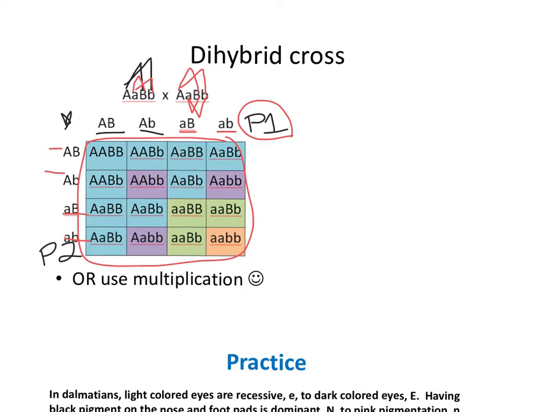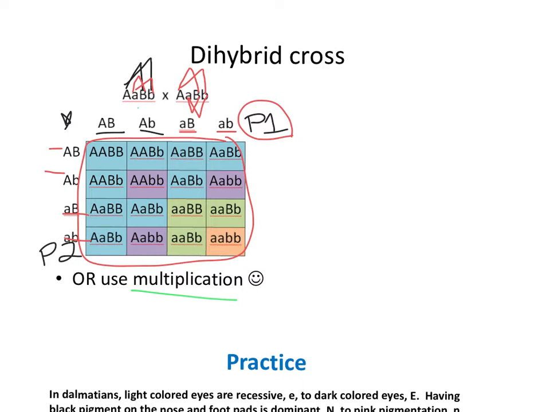A different option, if you don't like that approach, is to use multiplication. My personal preference is that I prefer multiplication. It's easier in my brain to understand, but you, of course, should do what's easier in your brain to understand. If I'm doing multiplication, I'm again going to set up a cross of each letter separately, like some good old-fashioned Punnett squares like we were doing in video 1.